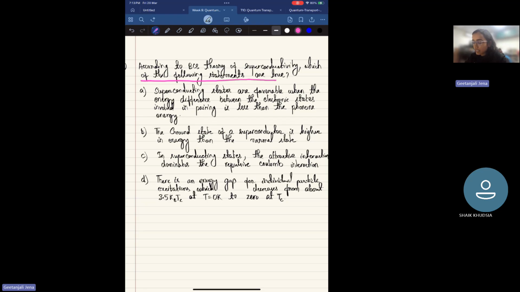Option C, in superconducting states, the attractive interaction dominates the repulsive Coulomb interaction. And option D, there is an energy gap for individual particle excitation, which decreases from about 3.5 kBTc at 0 Kelvin to 0 at T equal to Tc. So we need to identify the statements which are true according to the BCS theory. Can you let me know the answer?